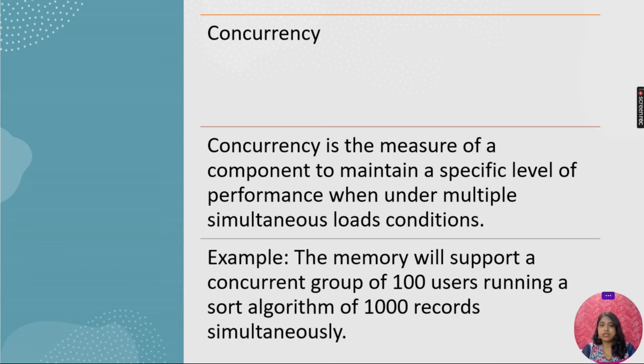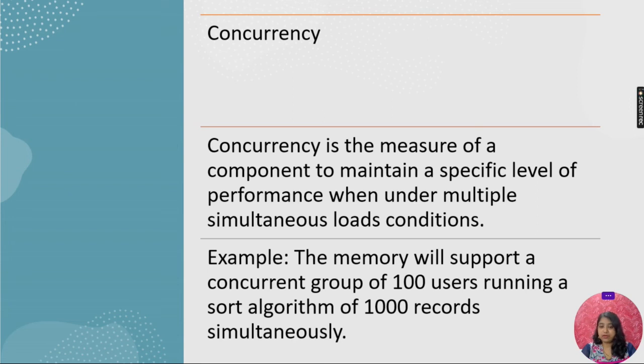Then comes concurrency. Concurrency is the measure of a component to maintain a specific level of performance when under multiple simultaneous load conditions. If many users are using the system at the same time, if it's a multi-user system with concurrent processors using the system, how the access will be provided during heavy loads also should be specified.